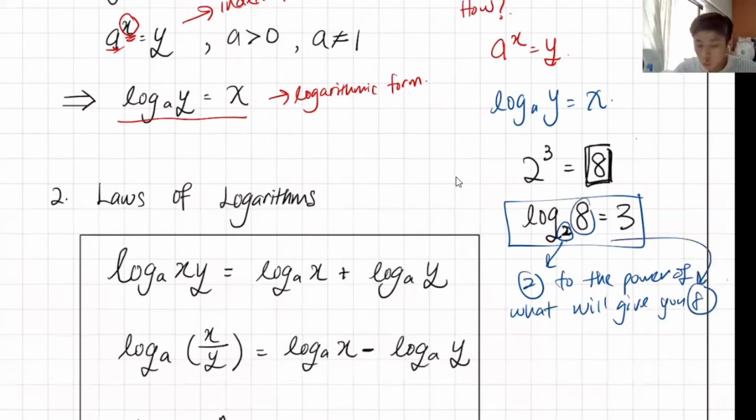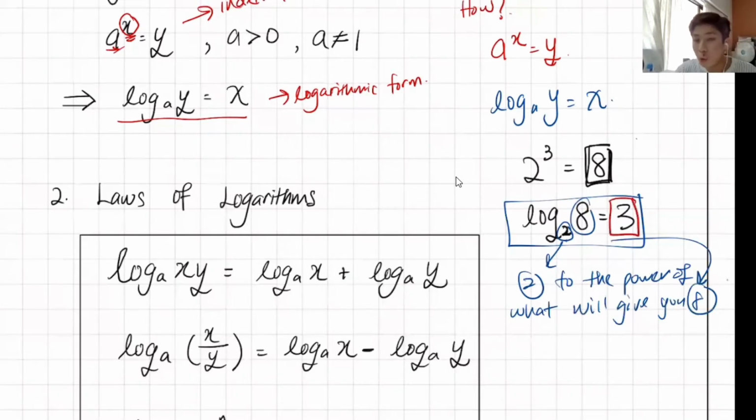You want to ask yourself a question like this. This is a simplified way of understanding this logarithmic form. And yes, the answer is on the right-hand side here, 3. You get what I mean?